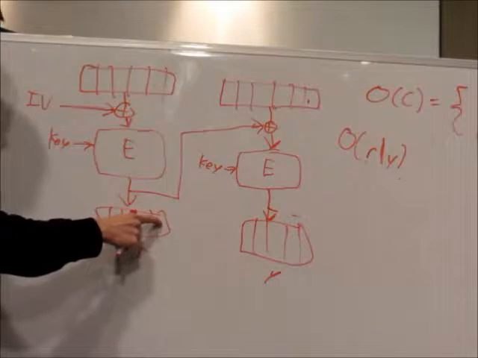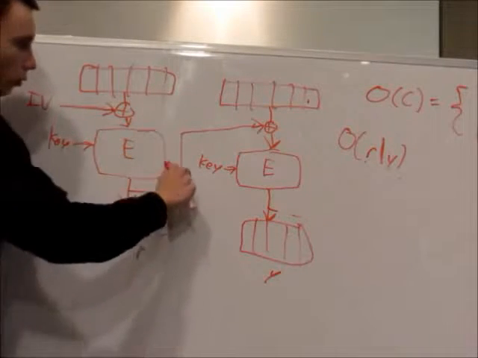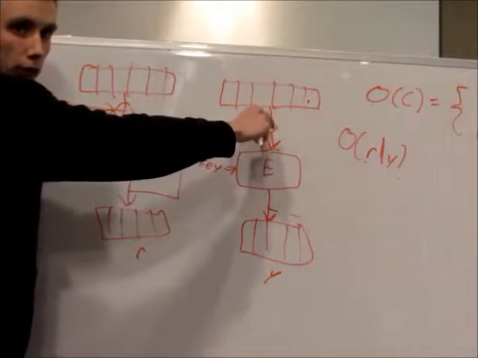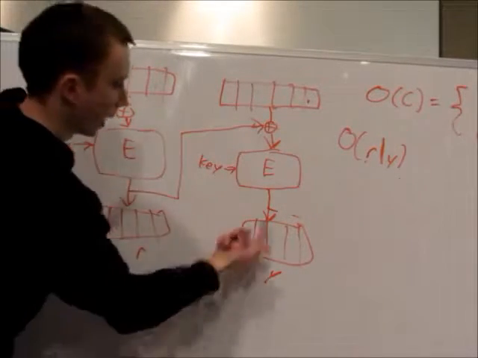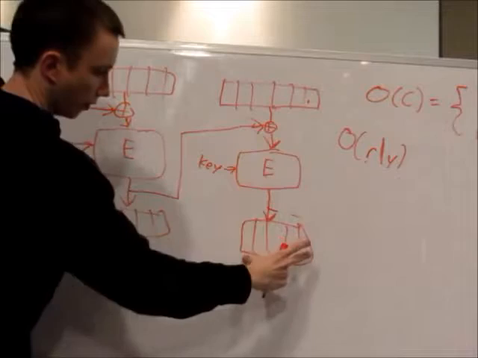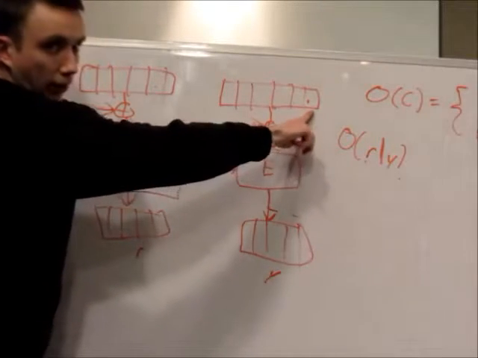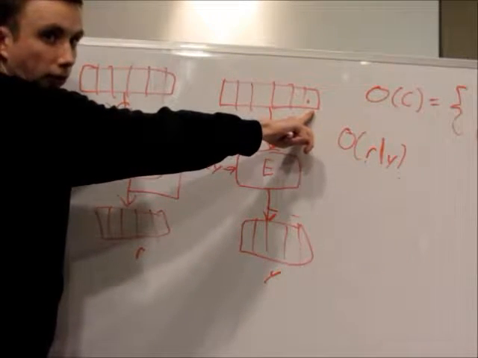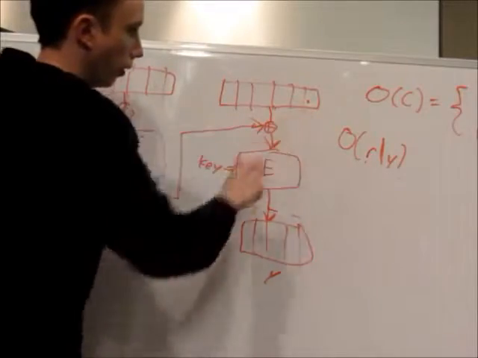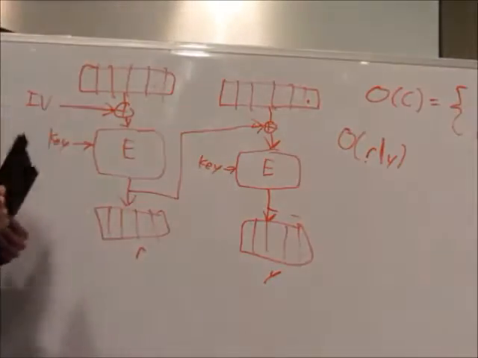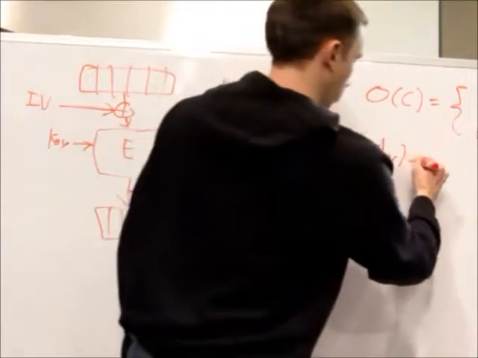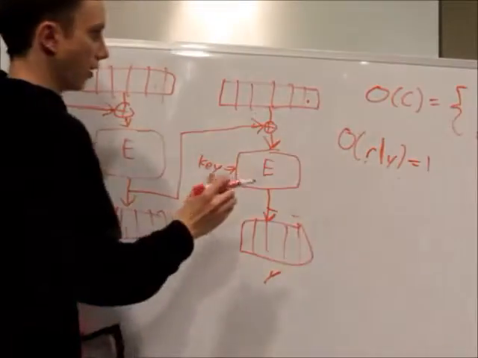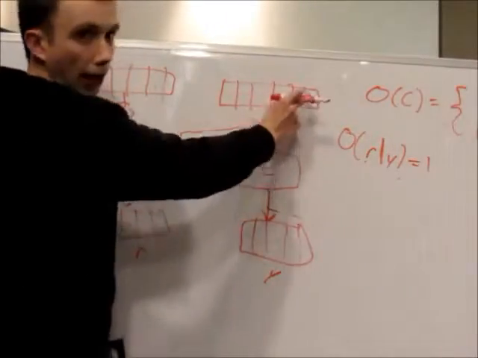By changing that last byte, we get a different value coming in here, and if you're going backwards, you get a different value up here. So if O of R concatenated with Y equals 1, then this has a valid padding on the end.